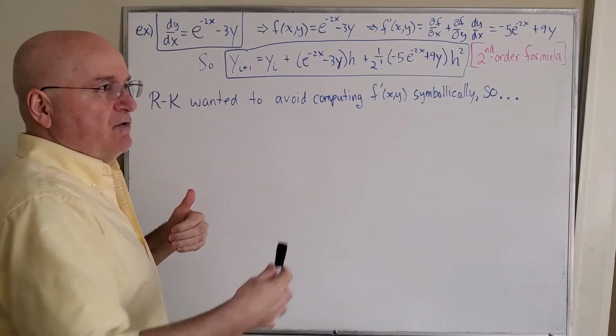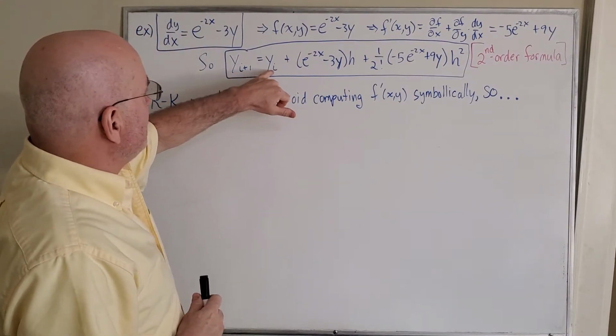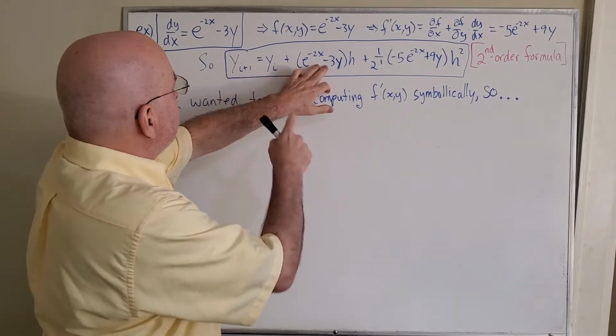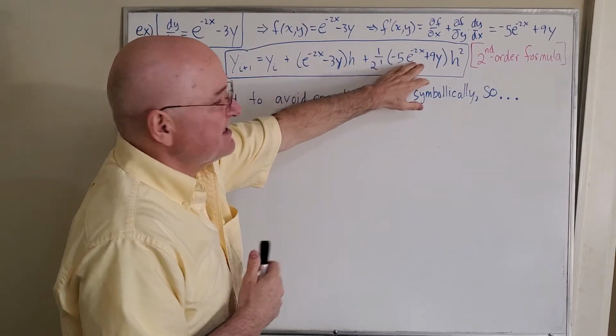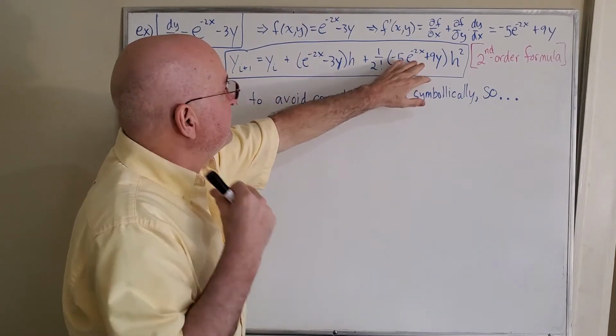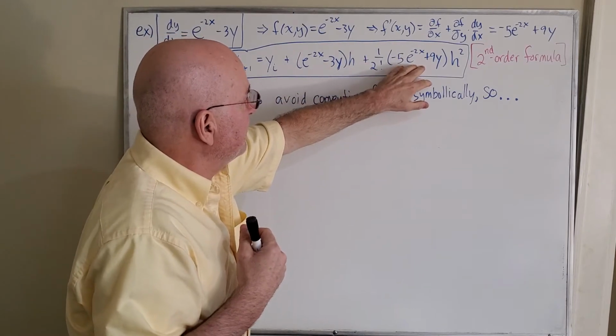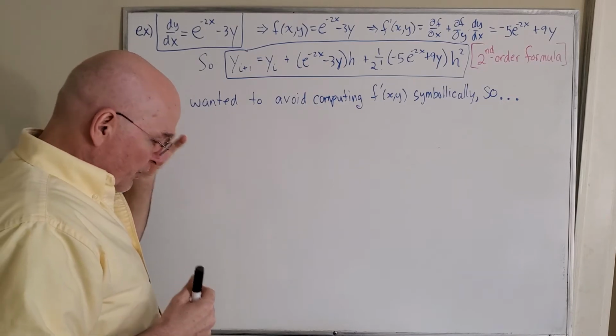So using a second order method, we get y_{i+1} is y_i plus f of x, y times h, plus 1 over 2 factorial times, this is really the second derivative, but it's f prime of x, y times h squared. So we've got a second order formula.